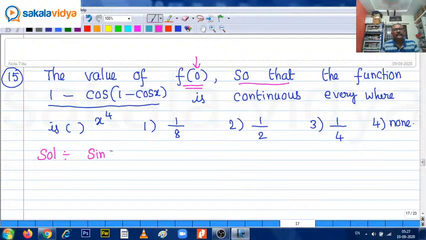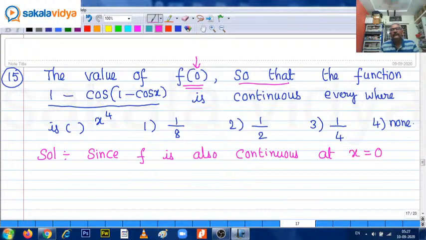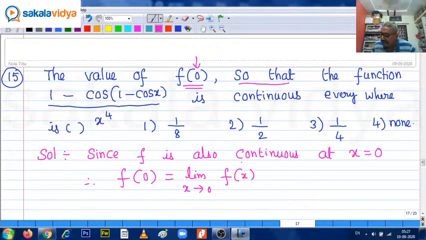Since f is also continuous at x is equal to 0, therefore f of 0 is equal to, as per the definition of continuity, the limit as x tends to 0 of f of x. That means we need to evaluate the limit of f of x.